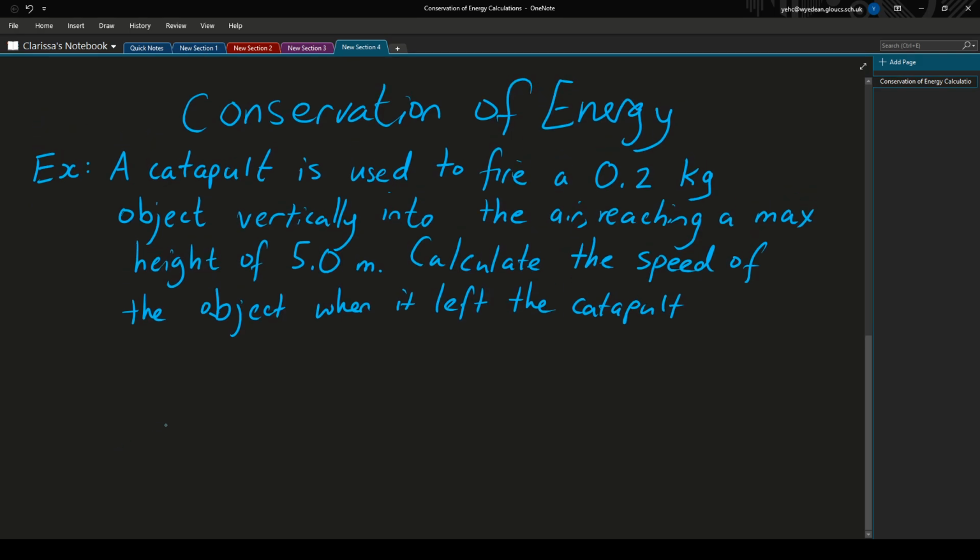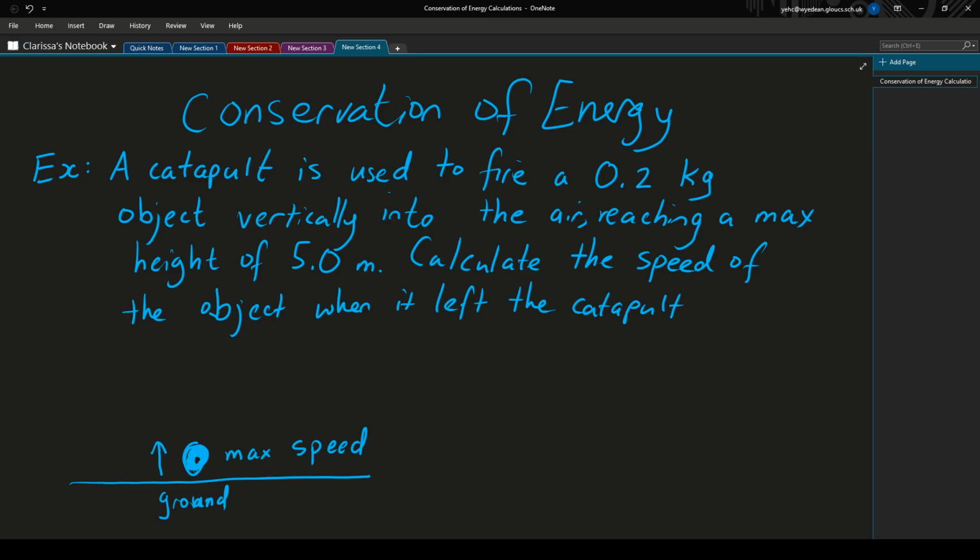At the start, I'm going to draw my little object here. At the very, very start of this scenario, it started off with its maximum speed, and it's going up this way. At the very start, because it's just left the catapult, it's on the ground.